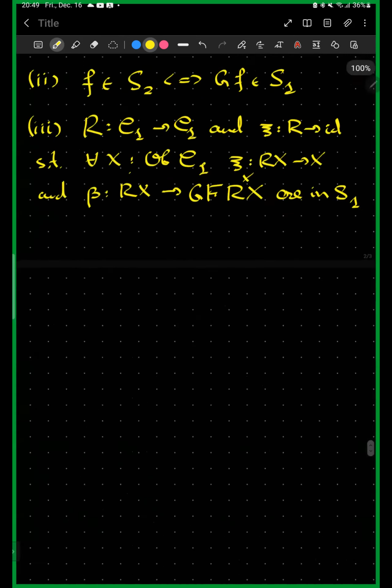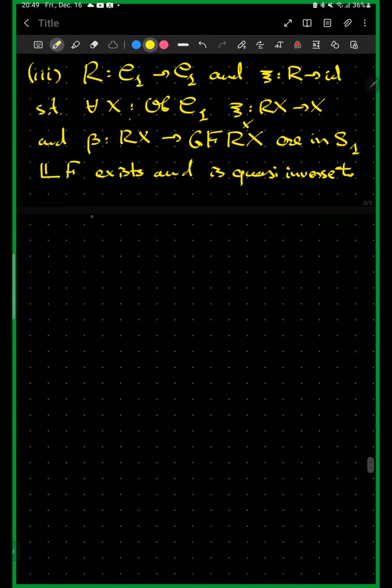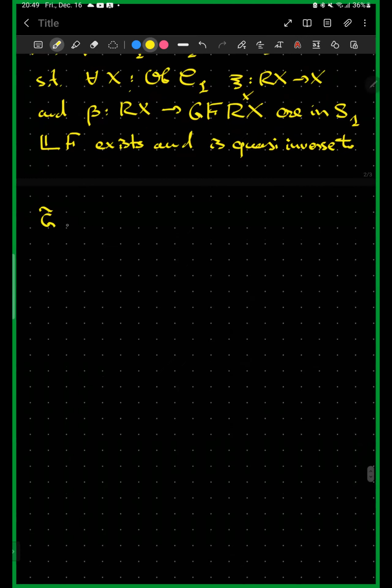Then the statement is that the left derived functor of F exists and is quasi inverse to the functor G tilde, which is induced on the homotopy categories.